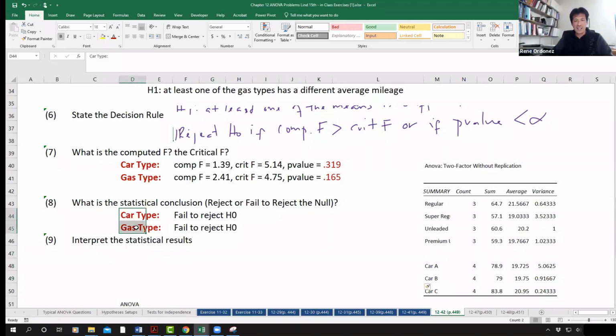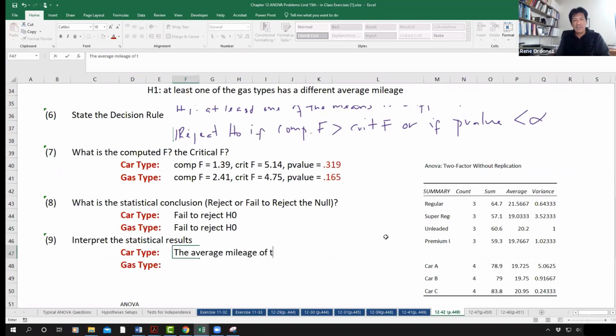Okay, and then in terms of the interpretation of the statistical results, the average mileage of the 3 cars are all equal. Okay?